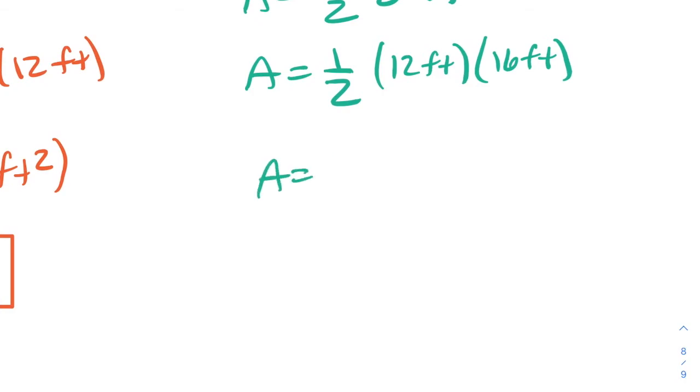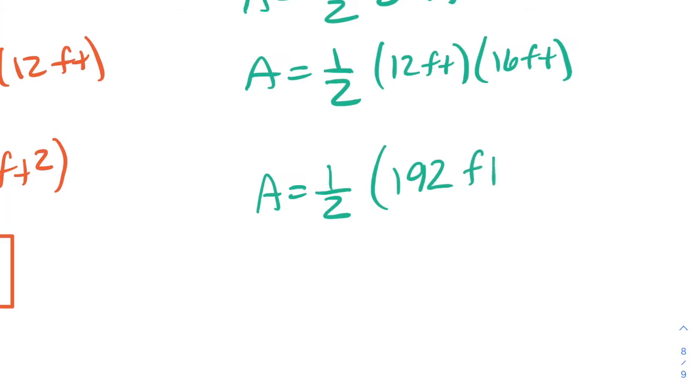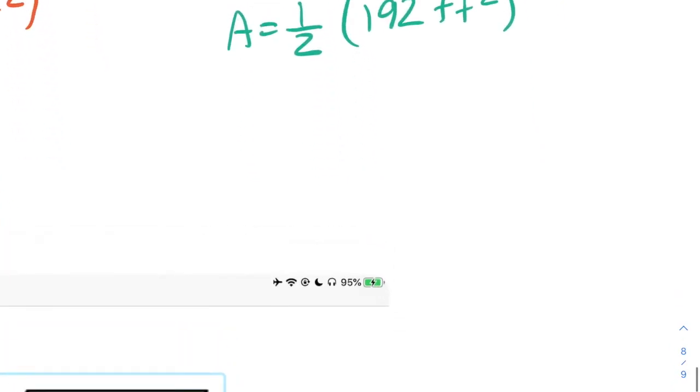So area equals 1/2 of 12 times 16, which is 192 feet squared. So half of 192 is 96 feet squared.